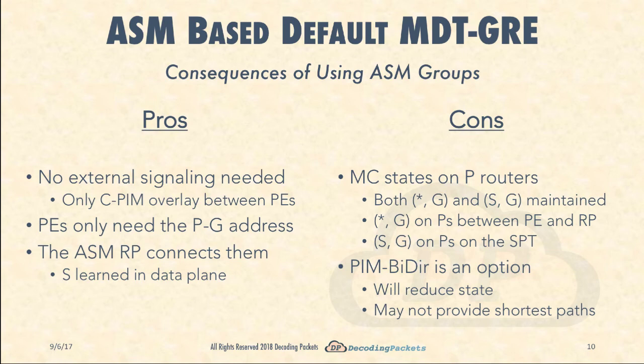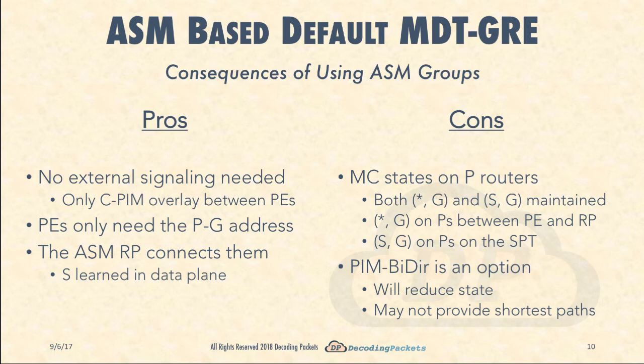And almost every router that sits on the shortest path tree between every single pair of PEs would also have to have the S comma G state, because that's how the joins are working there. So that is a lot of state to maintain. Star comma G states and S comma G states both have to be maintained, and there's a good reason for it.